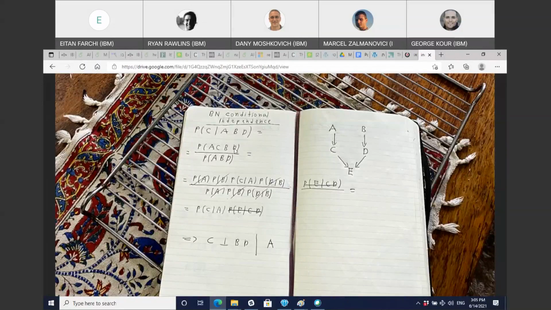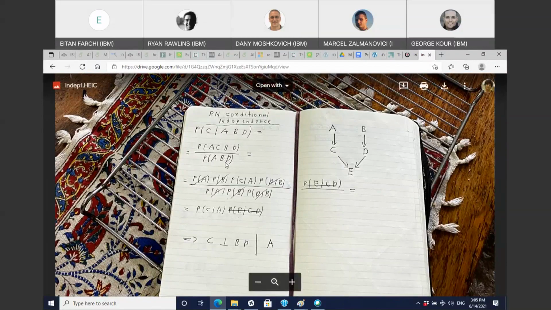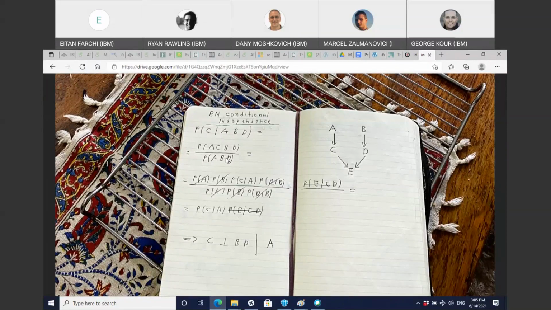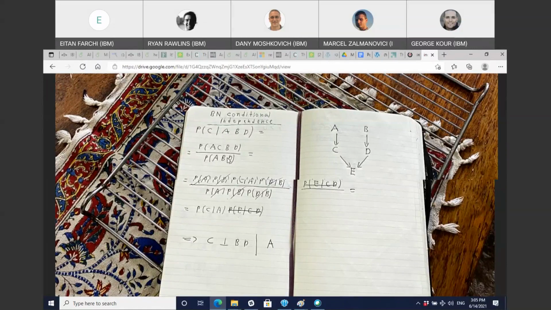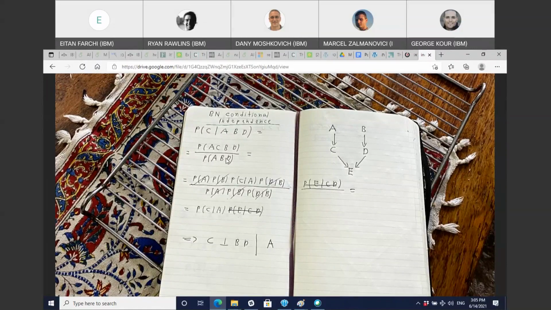So this is what I wrote here, basically, right? If you take the probability of A, B, and D and move it to the other side, that's what is written. Okay, question on this stage? Or is it clear to everyone? Looks clear for now. Okay, great.